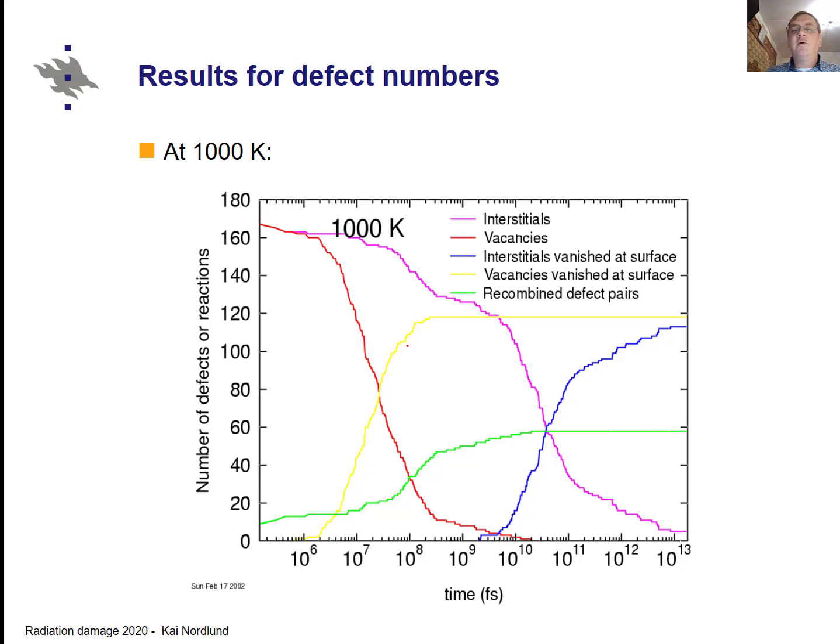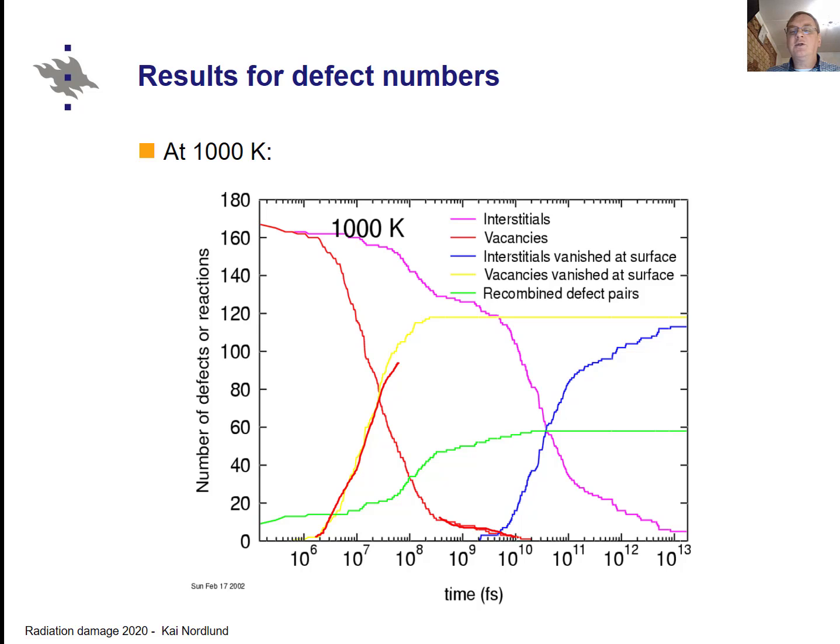But here you can follow what happens with the system. The green curve is the number of recombined defect pairs, which in this model became immobile, but then they can also vanish at the surface. At first, the more mobile vacancies started vanishing at the surface, and not so much happened with the interstitials. But after a while, almost all of the vacancies have either recombined with interstitials or vanished at the surface.